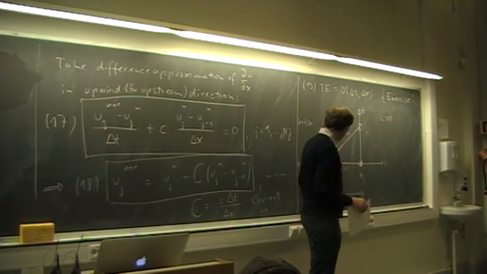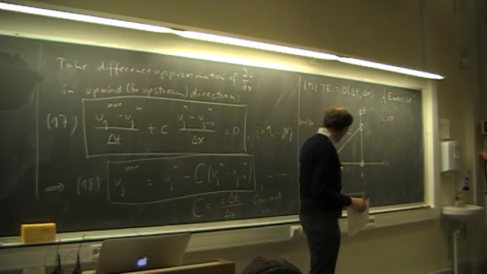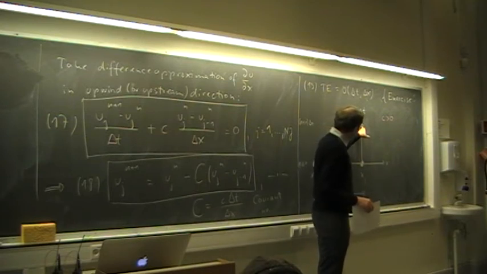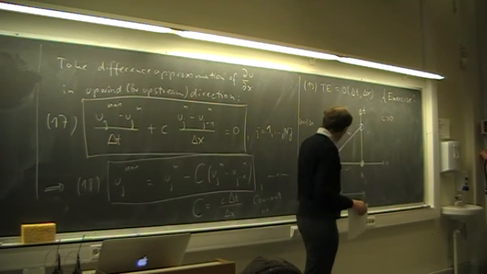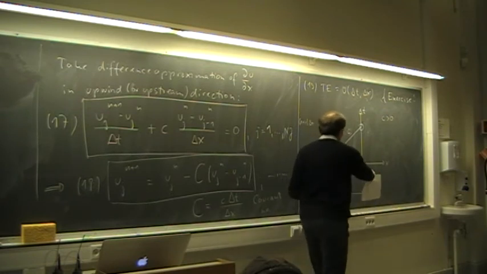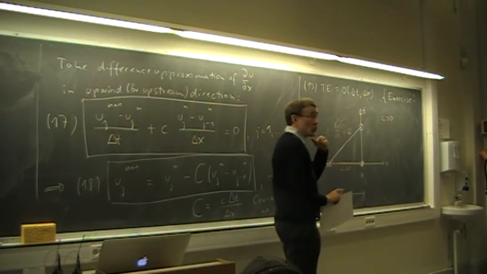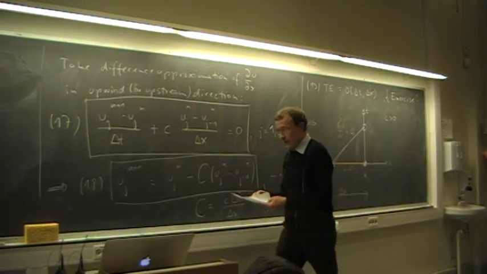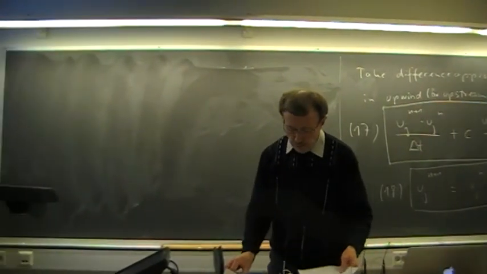So we want the point where the characteristic is coming from, the characteristic through the value at the new time level at the point that we want to determine, at the old time, to be within the interval of the points that we use to determine the numerical solution. So we can say that in the following way.